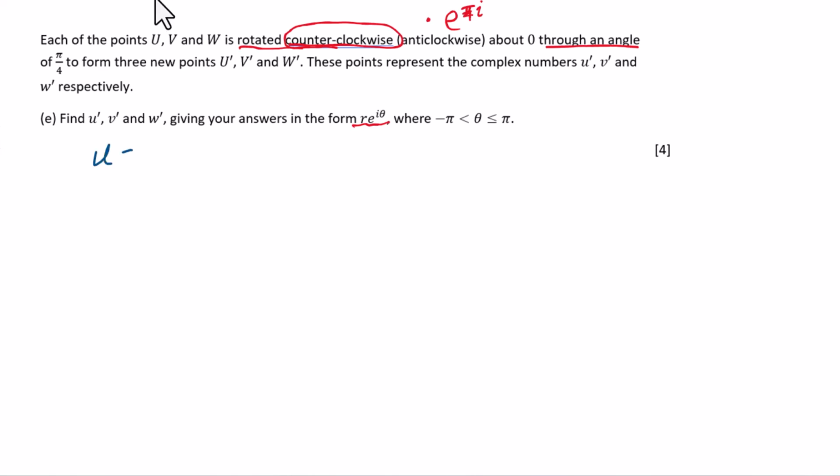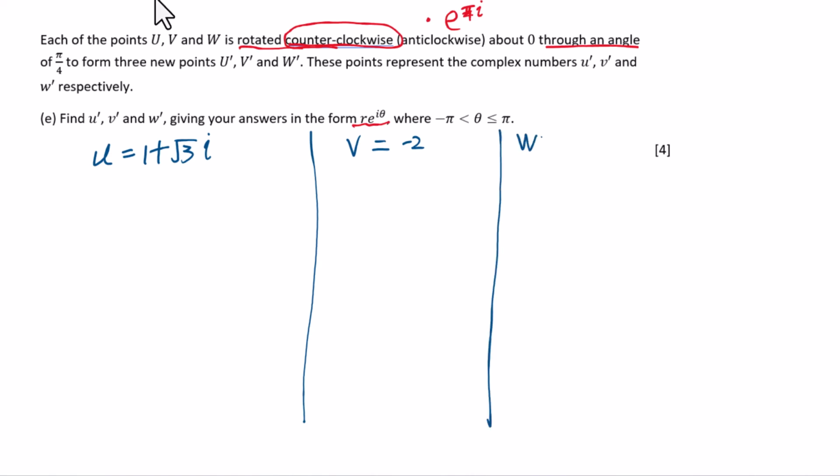We know u equals 1 plus square root of 3 i, and v equals negative 2. w equals 1 minus square root of 3 i. We need to change these three roots into Euler form. r equals square root of 1 squared plus square root of 3 squared, equals 2.